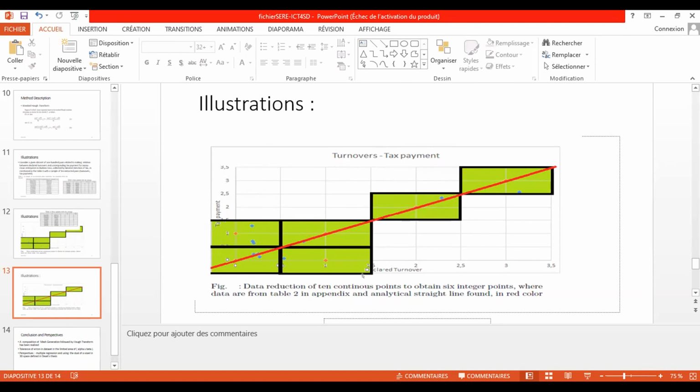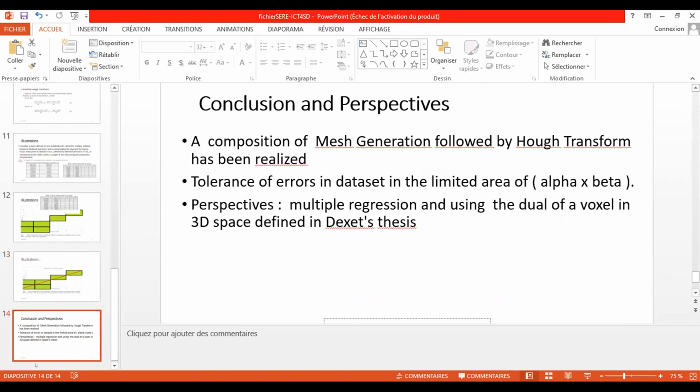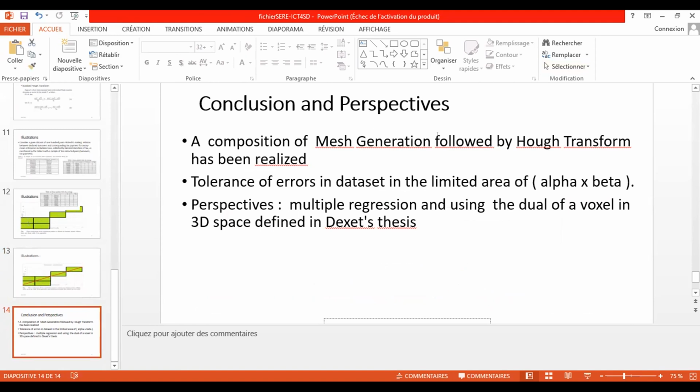Or only 6 clusters, where data are from the table. So I think that we realize a composition for regression followed by a transform, which has been realized in these papers.